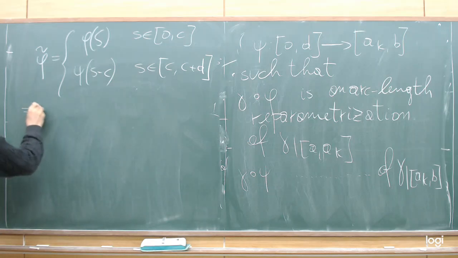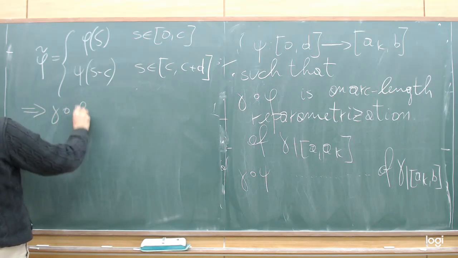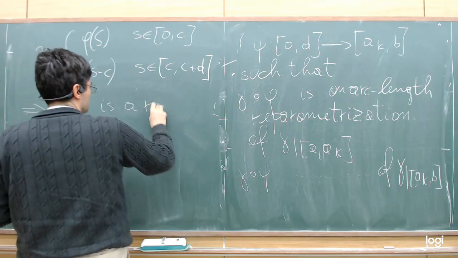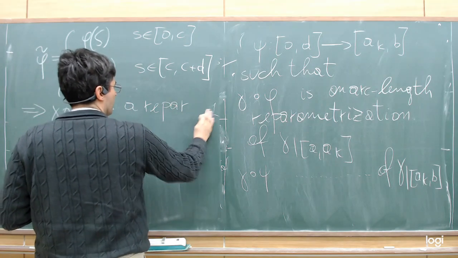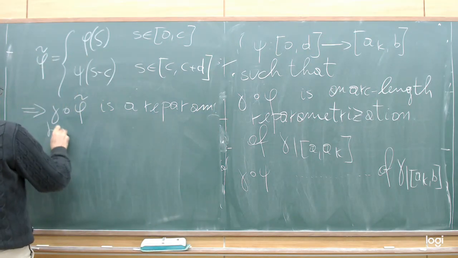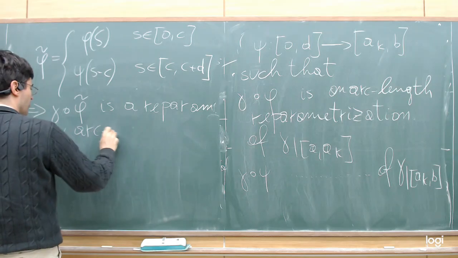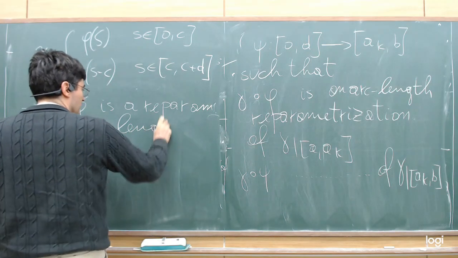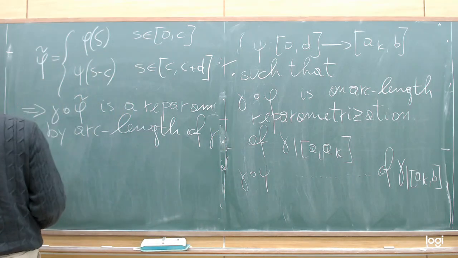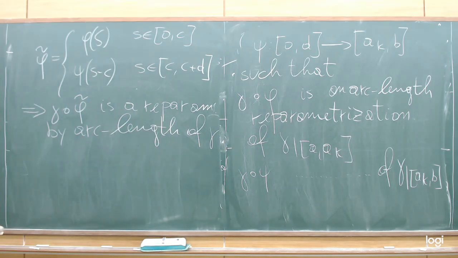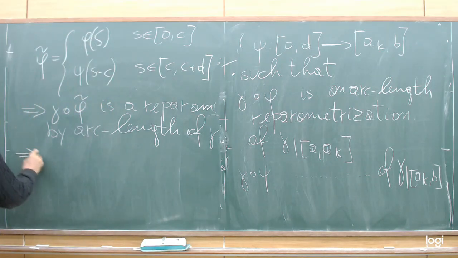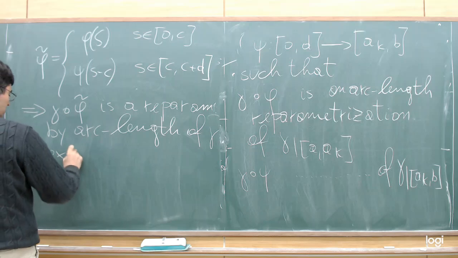So this implies that now gamma composed with phi tilde is a reparameterization by arc length of gamma. Now we have to prove the uniqueness. So this proves the existence.